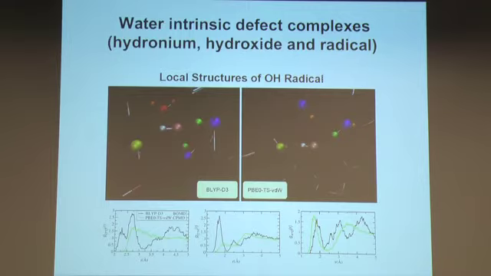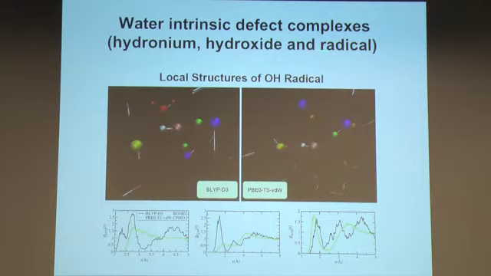So let me just say a few words on that. The effect of these different functionals is even more important for defects, and the most important defects, of course, are these intrinsic defect complexes, the hydronium, the hydroxide, and the water radical.